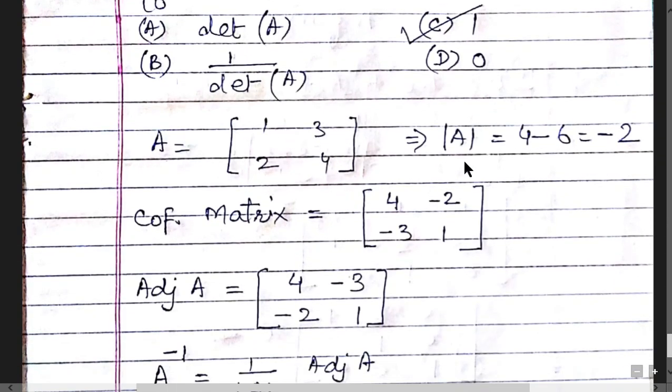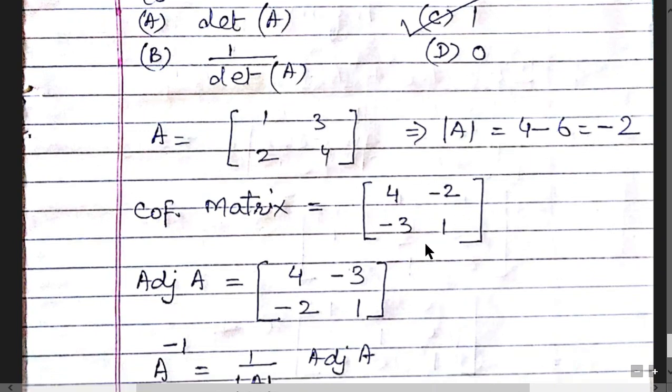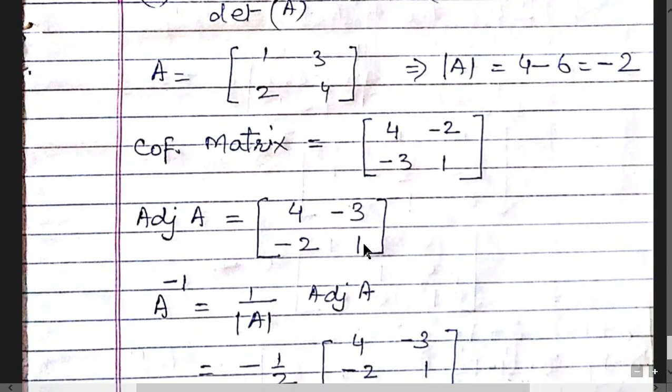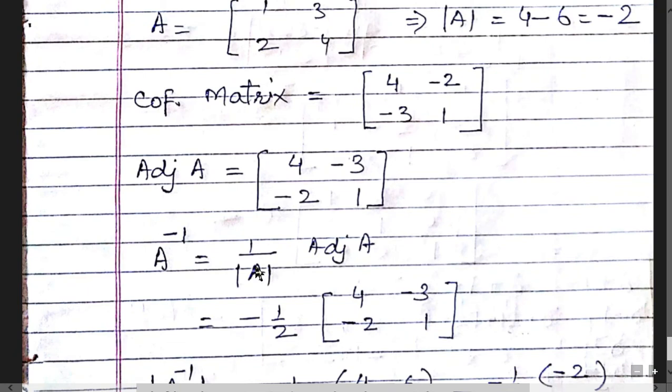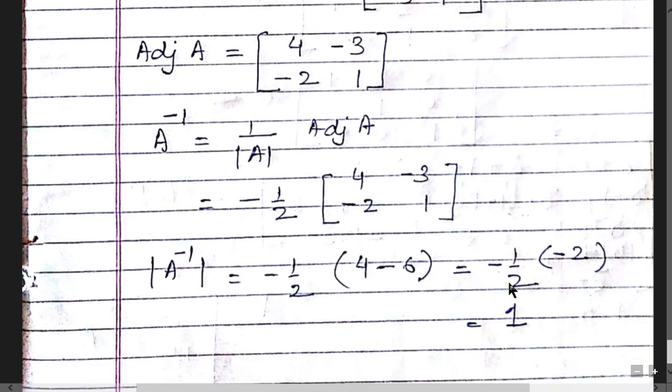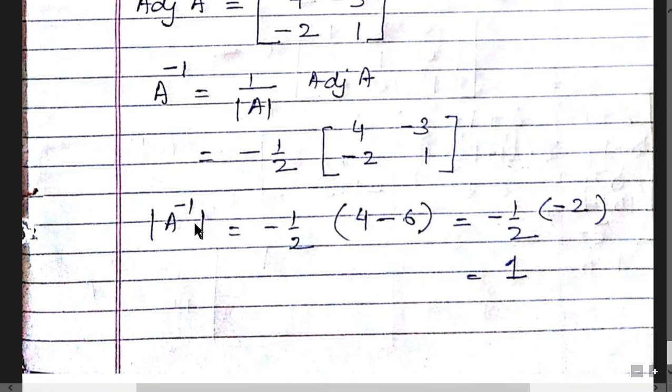Let this one be the matrix. Then determinant of A is 4 minus 6, that is minus 2. Then cofactors, you can write cofactors easily. Then you can write adjoint. You already know about these contents. Then 1 over A modulus into adjoint of A. Then write the modulus of A inverse. It's 1 over the determinant of A.